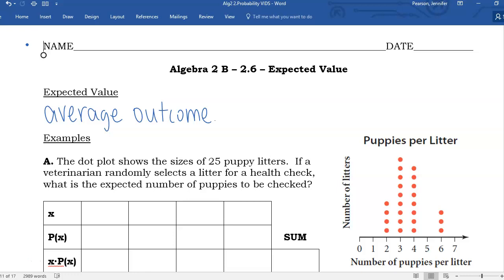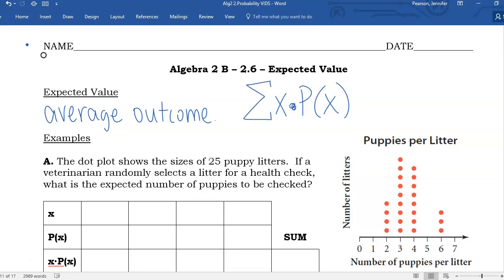We're going to use this table that I have created to do the math for us, because the formula looks kind of complicated. What you need is the outcome, and again, that outcome has to be numerical. You are going to multiply it by the probability of that outcome, and then you are going to add them all together.